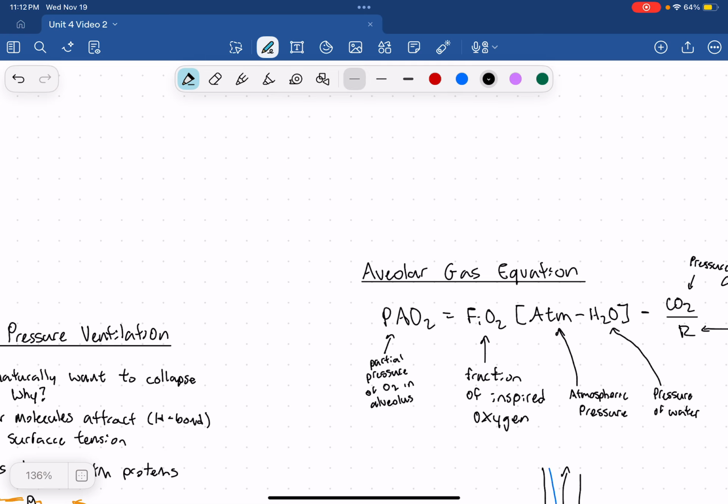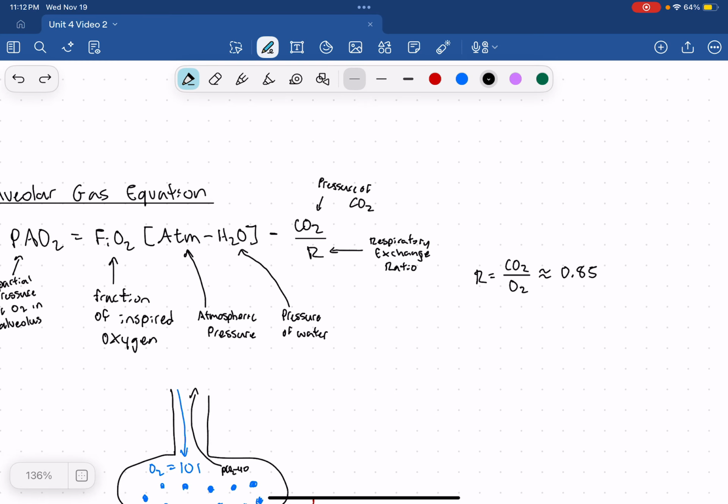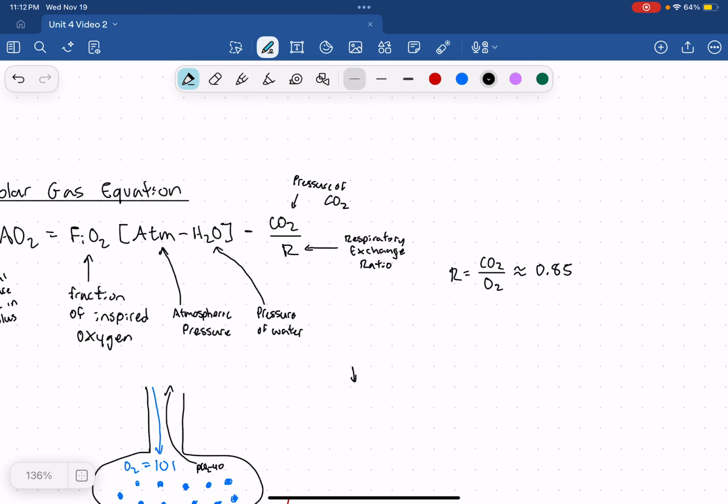Typically, if the PaO2 decreases, so let me write this off to the side here. If PaO2 decreases, this means there is insufficient O2 going into the blood.